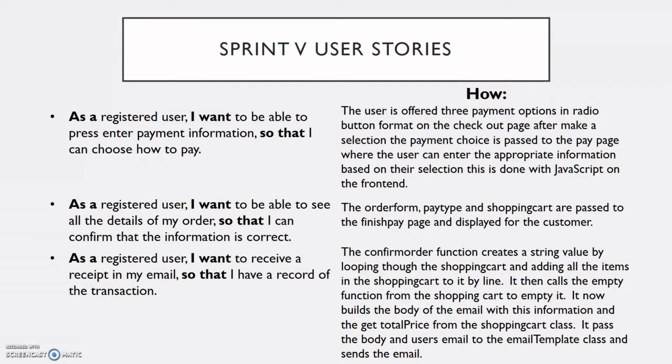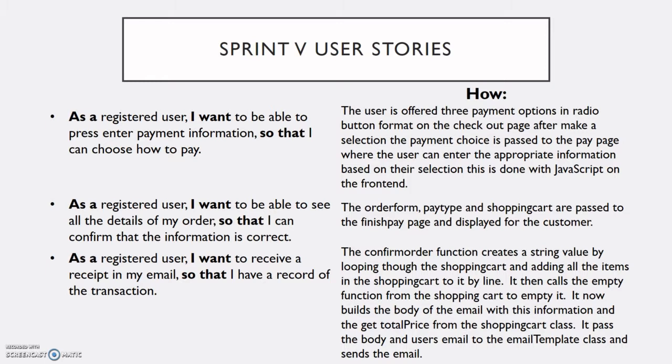User story number 6: As a registered user, I want to receive a receipt in my email so that I have a record of the transaction. How we're doing this is the confirmation order function creates a string value by looping through the shopping cart and adding the items in the shopping cart to it by line.